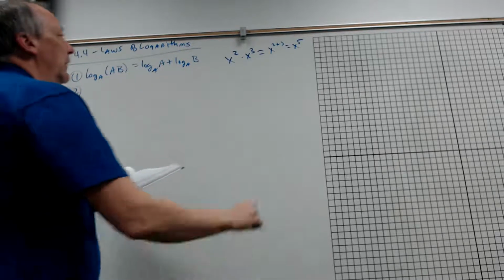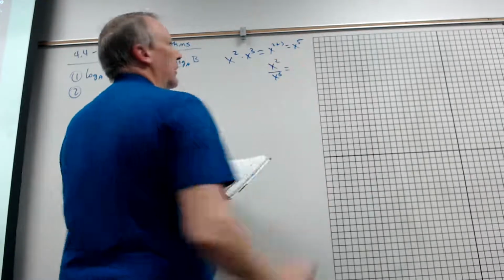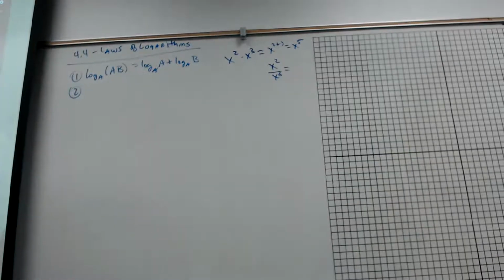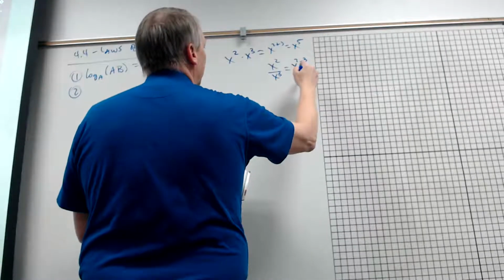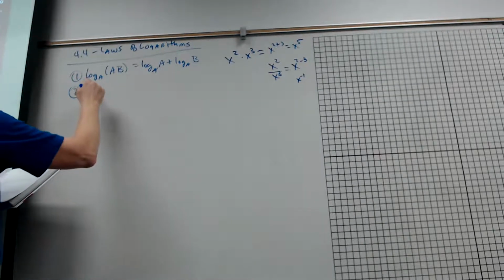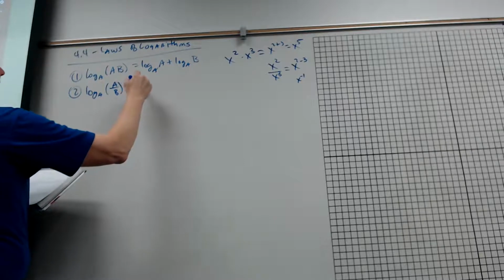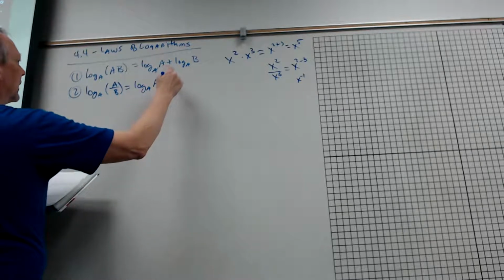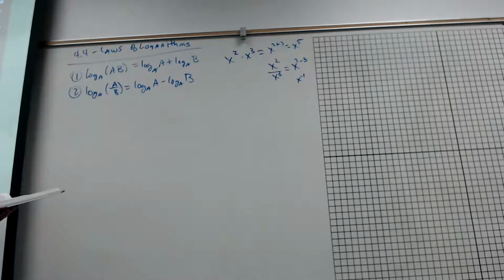Okay? What if I had x squared divided by x cubed? What do I do with the exponents? Subtract. You'd subtract them, right? That would become x to the 2 minus 3, which would be x to the minus 1. Works the same way with logs. Log base a of a divided by b equals the log base a of a minus the log base a of b. Okay?